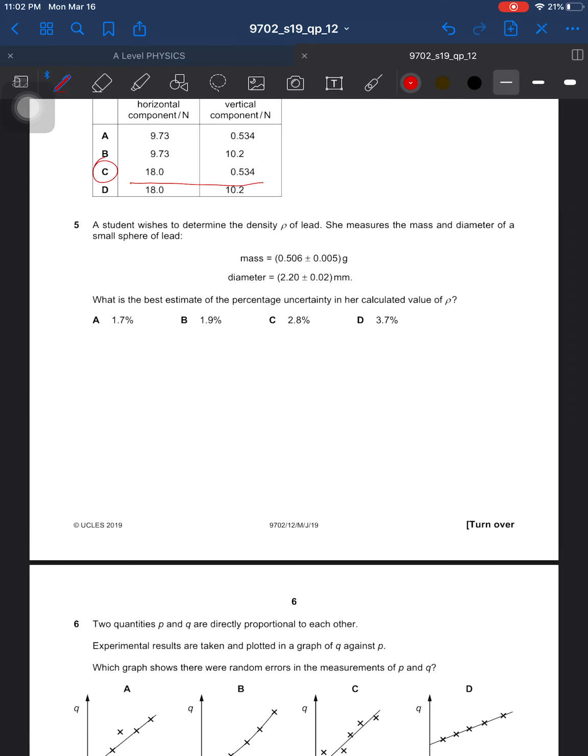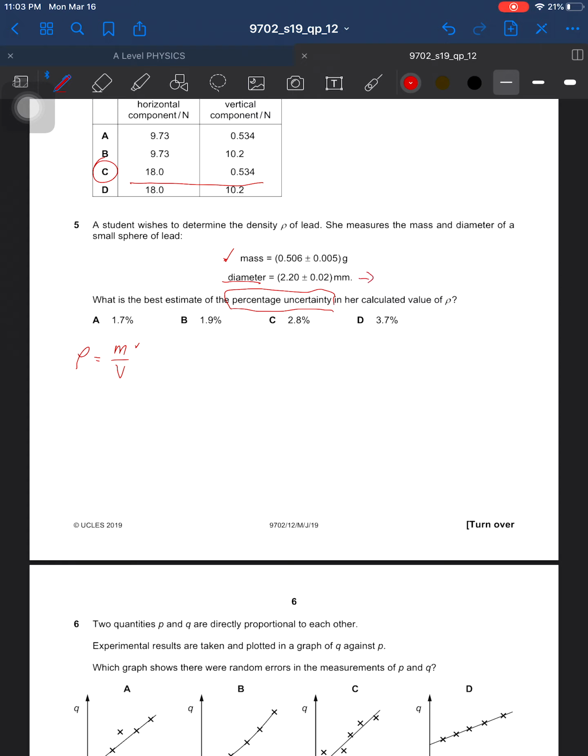Question number 5, you want to find the percentage uncertainty of the calculated value for rho, which is density. You have rho as m over v, but you're given the mass for m, and the diameter instead of the volume.